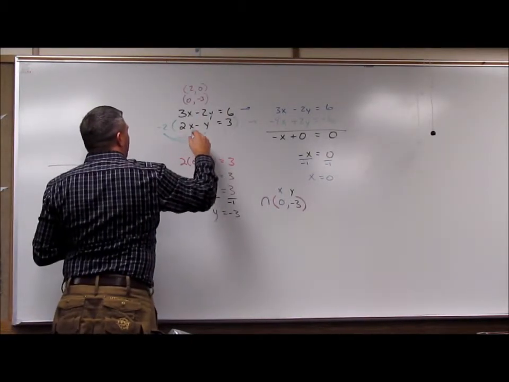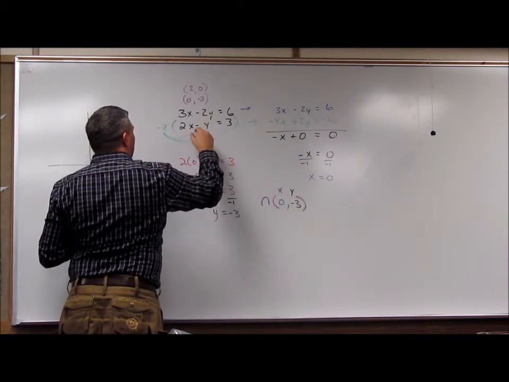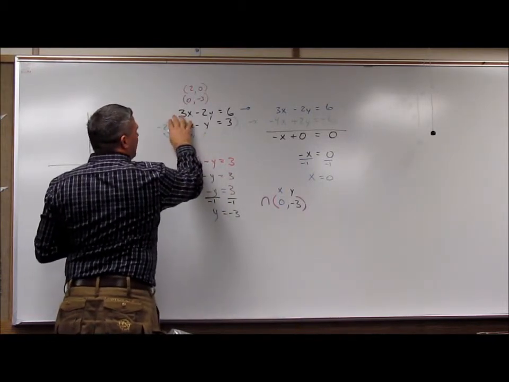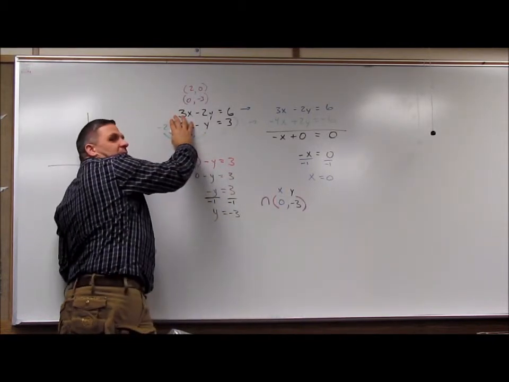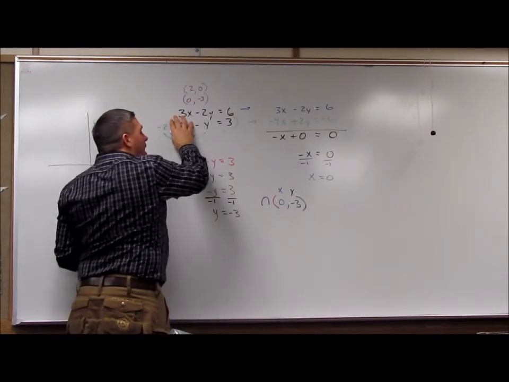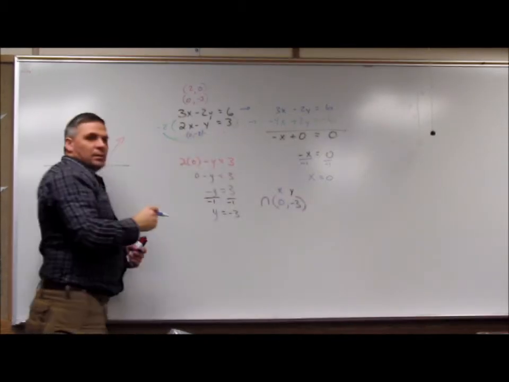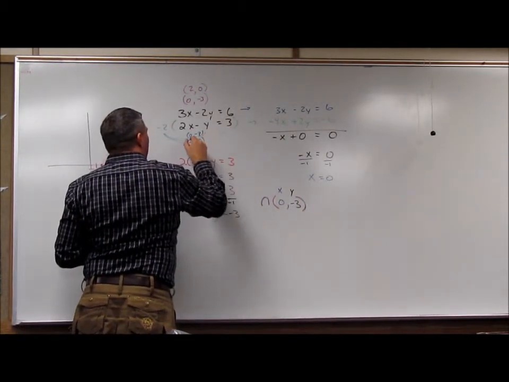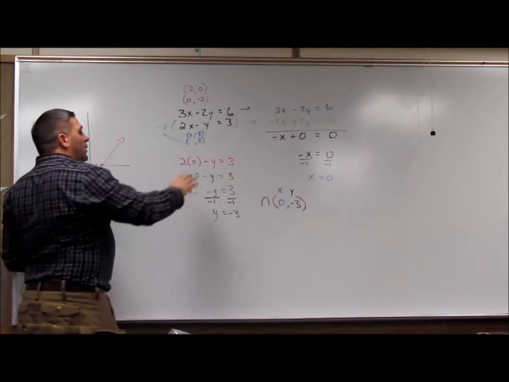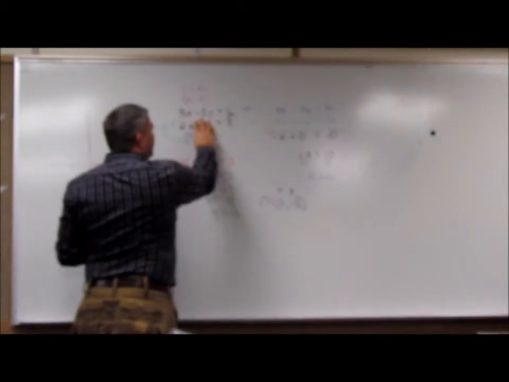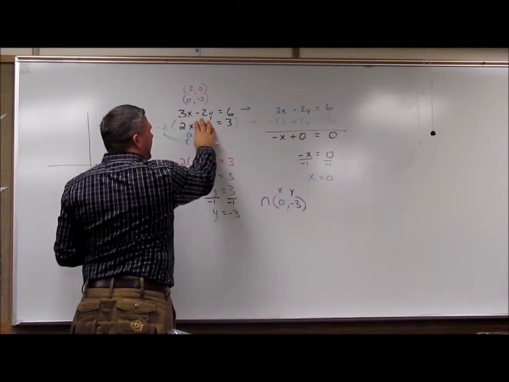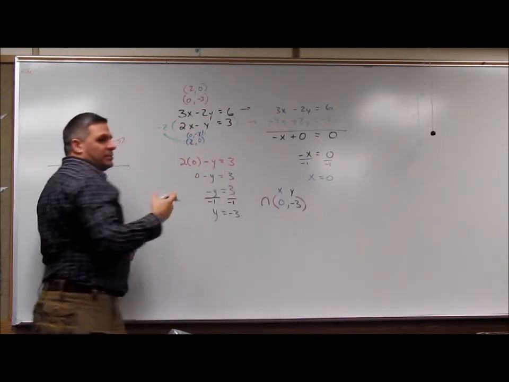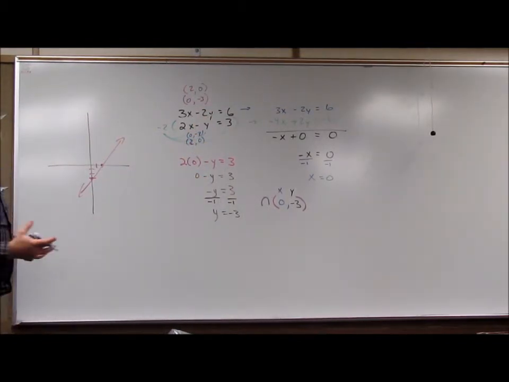Let's just say that we put a 0 in for x. Then that gets rid of that, and I get negative y equals 3, so y equals negative 3. And then if I plug a 0 in for y, that gets rid of that, and I get 2x equals 3. So I get 3 divided by 2, which is 1.5.